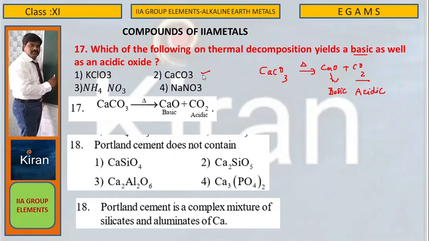First option and second option both have silicates, third one has aluminate, but it is absent in the fourth option. The right option is the fourth one. Okay, this is the right answer.